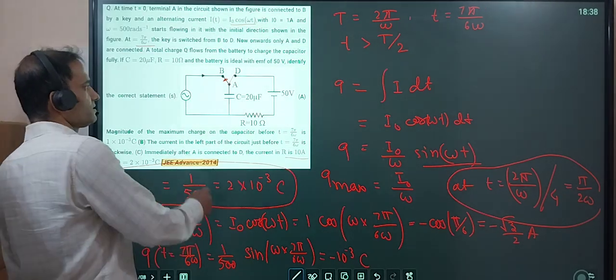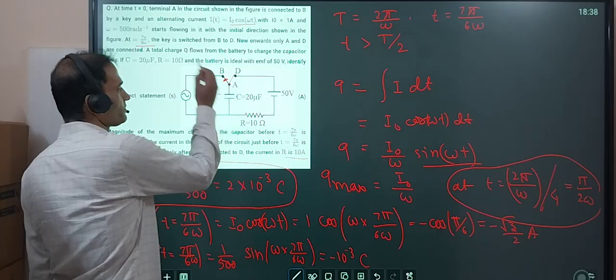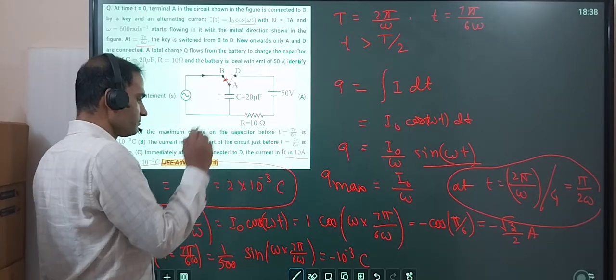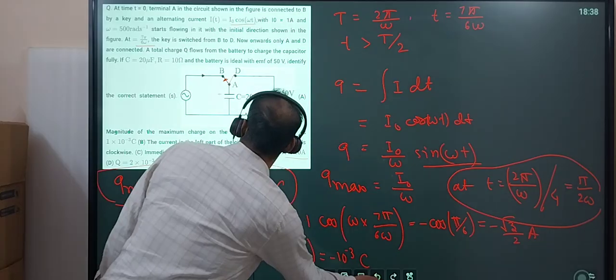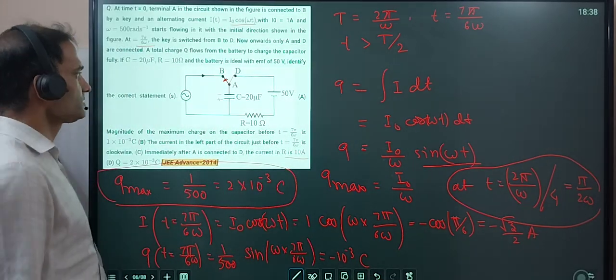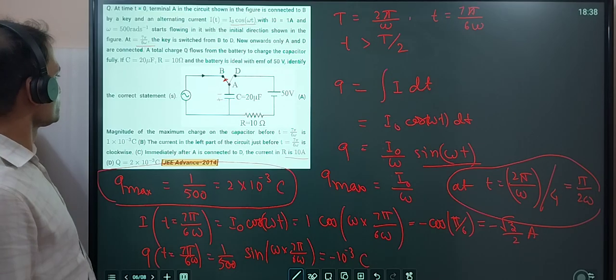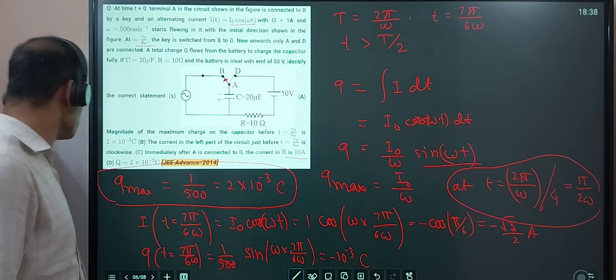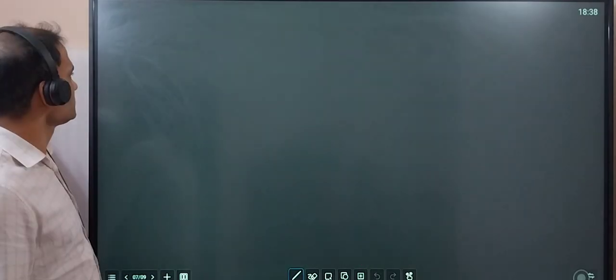That means, if this is plus, here will be positive, here will be negative. But this is not plus, so charge will be like this. I want to do this question in this page, but no problem, let us add a page.